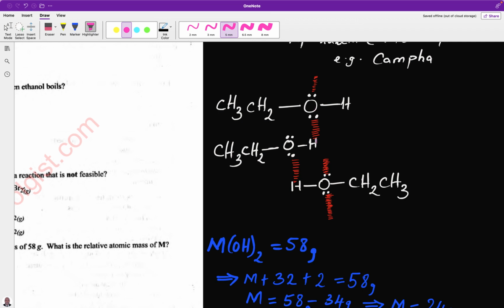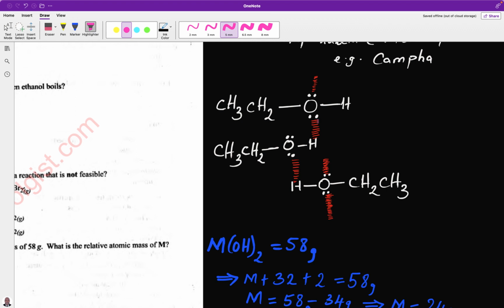So that bond between hydrogen and the oxygen is not a covalent bond, it is what we call the hydrogen bond. So it should be noted that between the molecules of ethanol, there are hydrogen bonds. They are the hydrogen bonds that are holding the molecules of ethanol together.